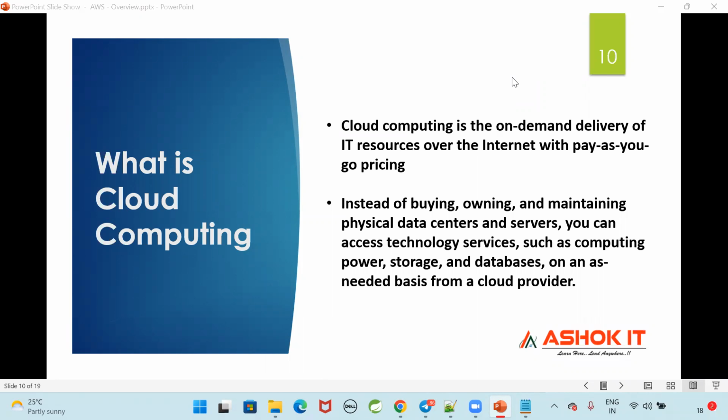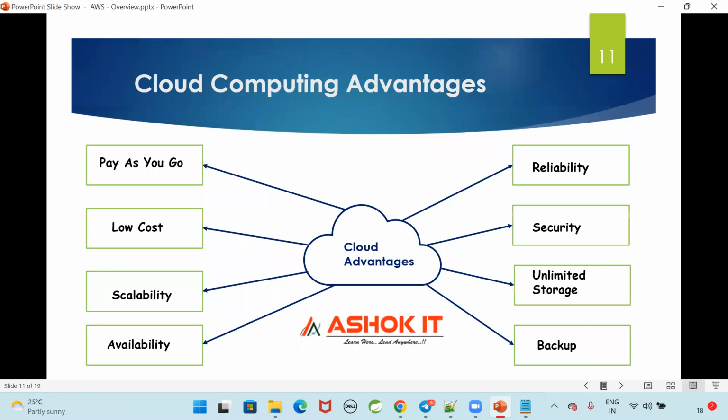Right. So what are the advantages if you go for cloud computing? It is not one advantage, guys. There are several advantages when we go for cloud computing. The first advantage is pay as you go. You need not purchase anything. You need not make any advance payments.